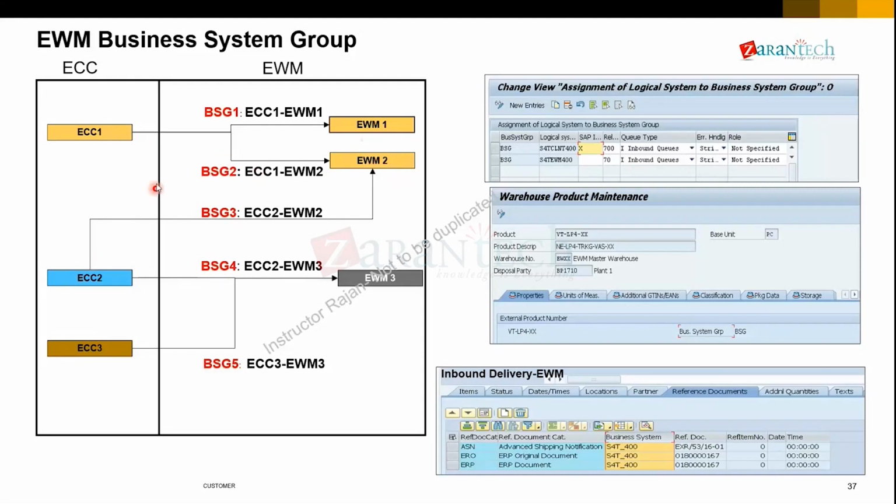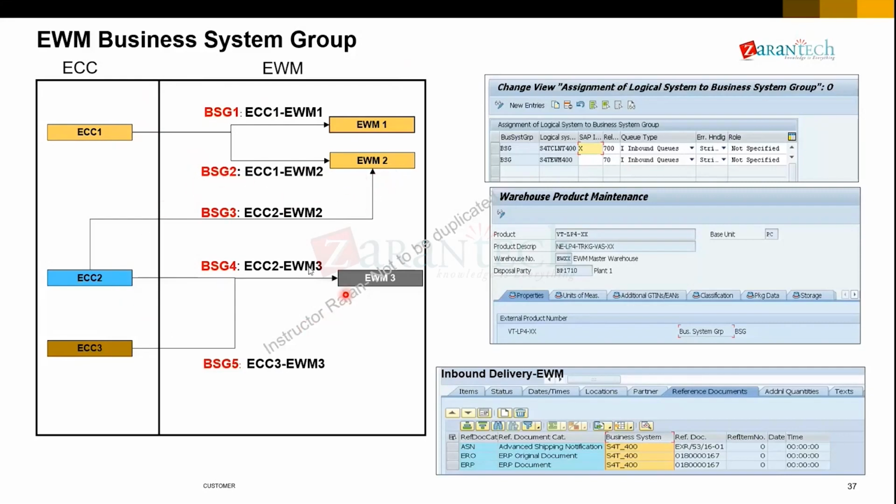So in order to avoid that ambiguity, the business system group will help us, especially for the reverse communication, in order to know which ECC to be called. That's where the business system group will play a role in a complex landscape like this, with a one-to-many or many-to-one relationship. So here, ECC1 and EWM1 are put in group 1. Similarly, ECC1 and EWM2 is group 2.